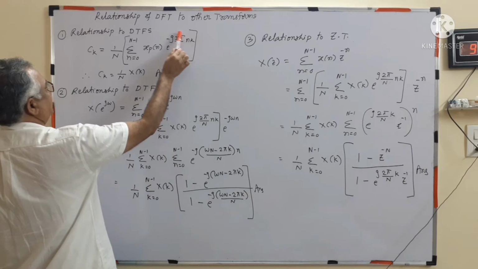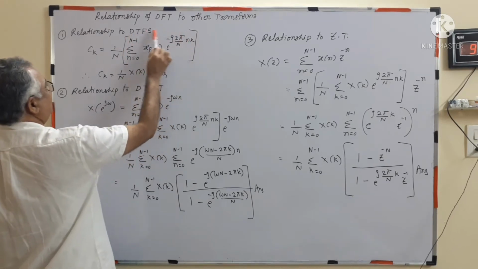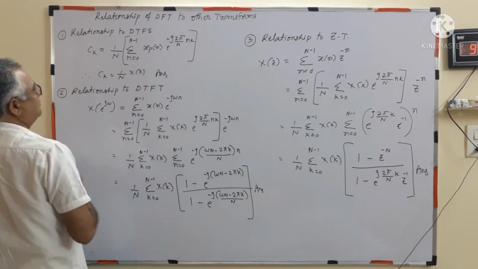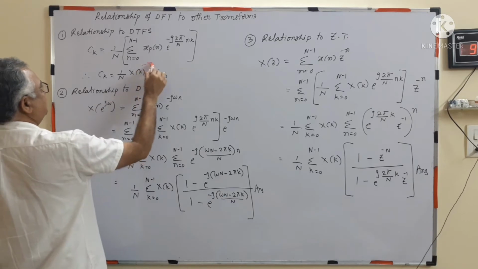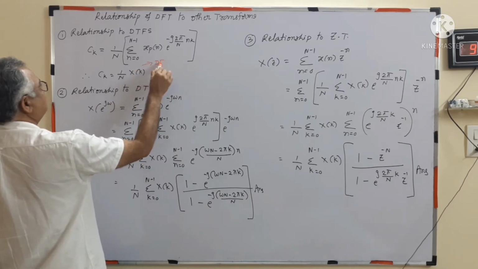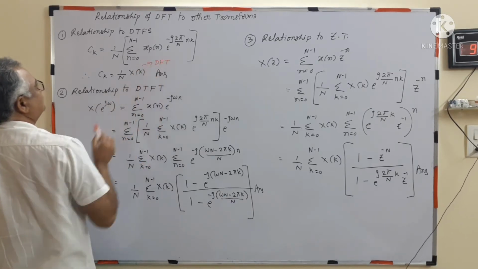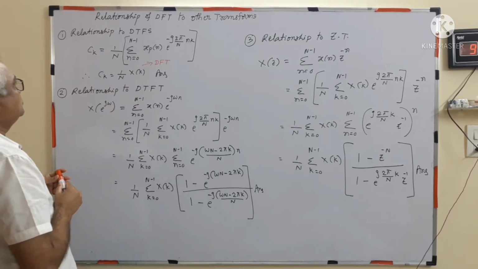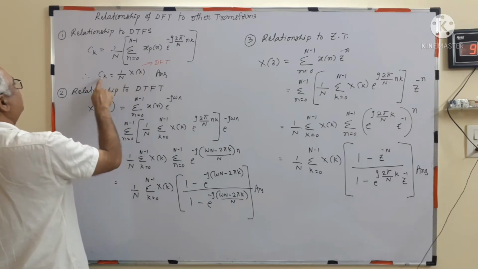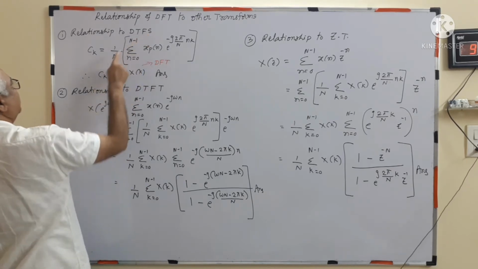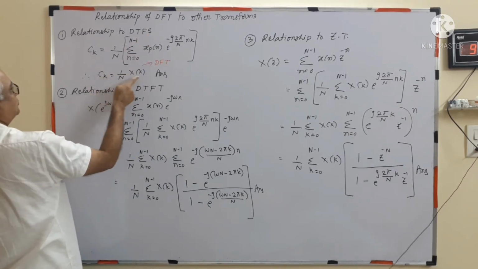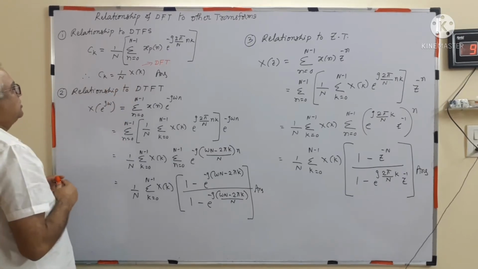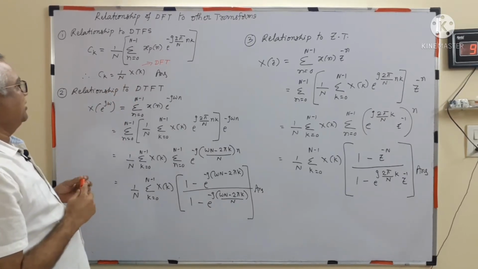But if you observe carefully, this is the formula for X of k, which is the DFT. So DFT is related to the discrete time Fourier series coefficient. This is the relation: Ck equals 1 by N X of k.